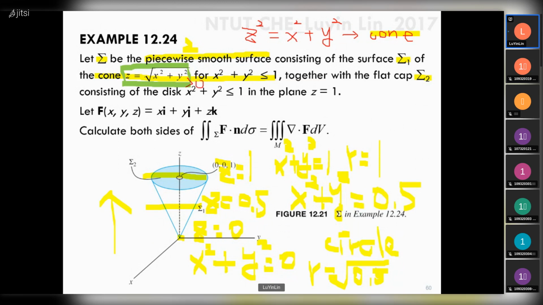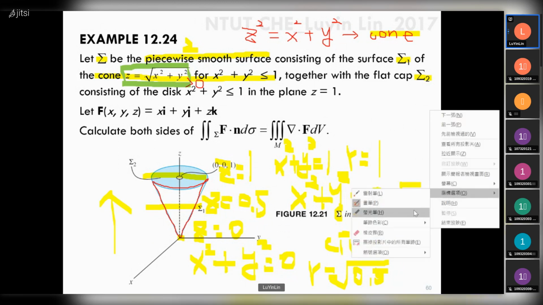Larger than 0 because it is a square root. So you can see only the shape is this one, larger than 0. And for this one, smaller and equal to 1, so stop at z equal to 1. So this one is sigma 1.